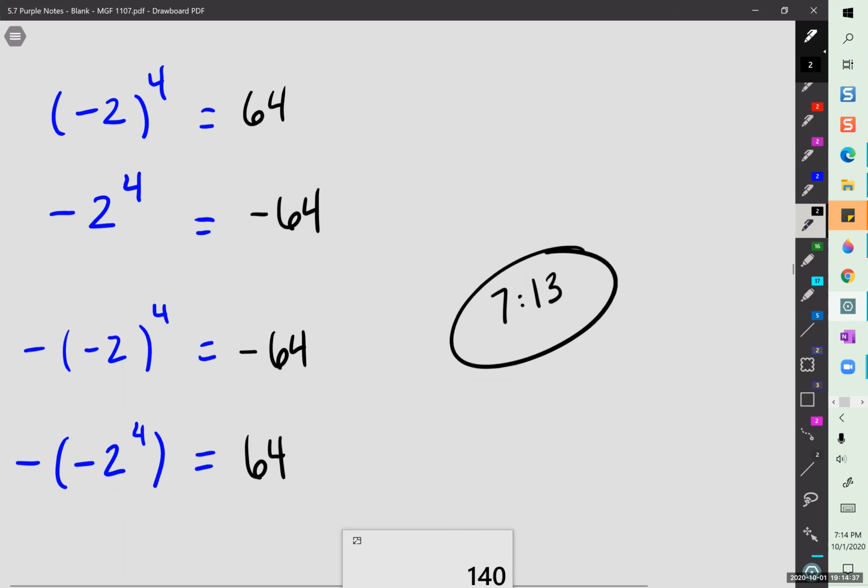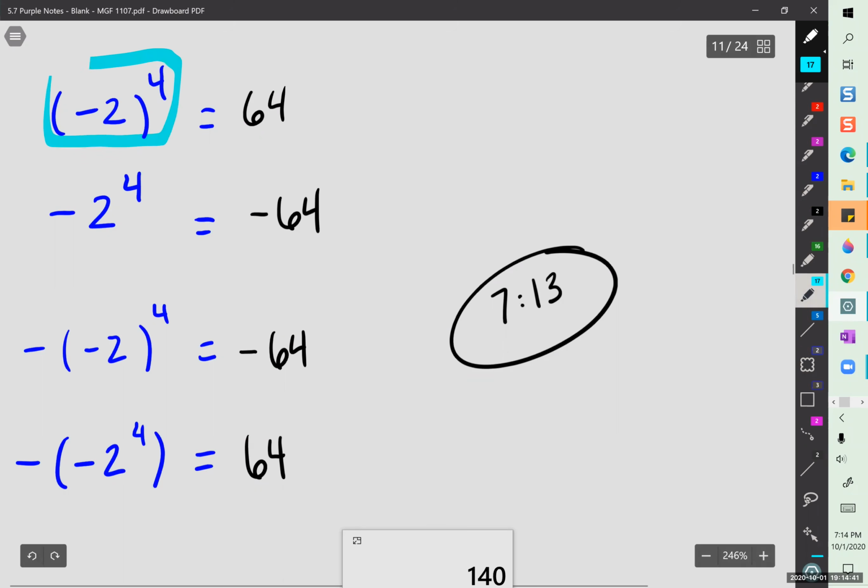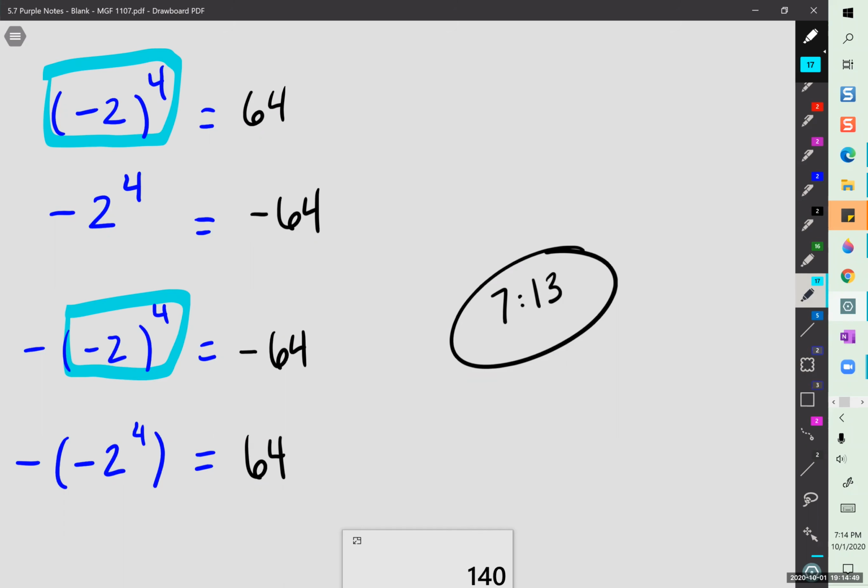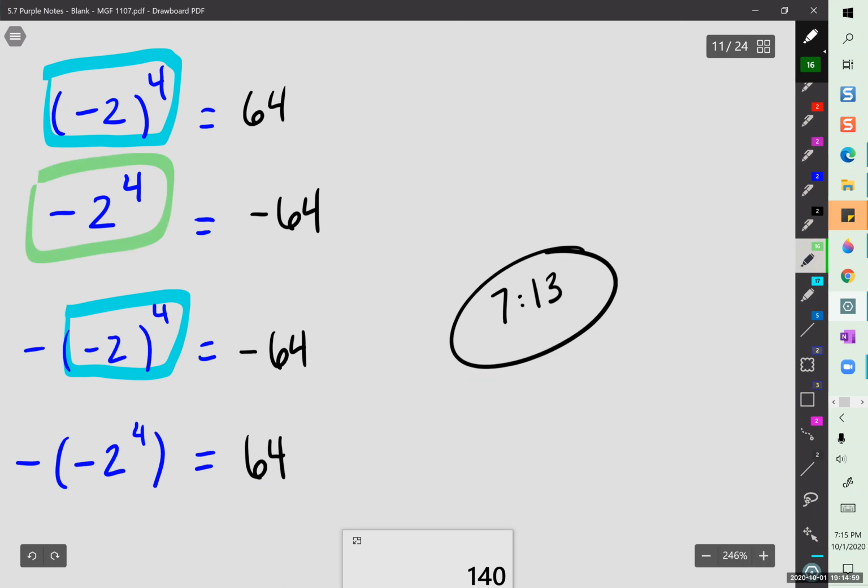And one thing to keep in mind is once you know the first two, do we see this is just part of this, except they additionally added a negative in front? So it's kind of like once you know the first one is positive 64, then you see it's just adding a negative in front, which makes it negative 64. Same with that one. Look through the patterns.